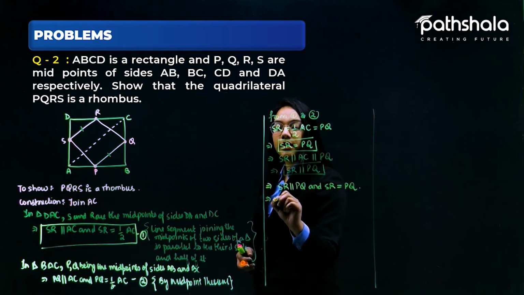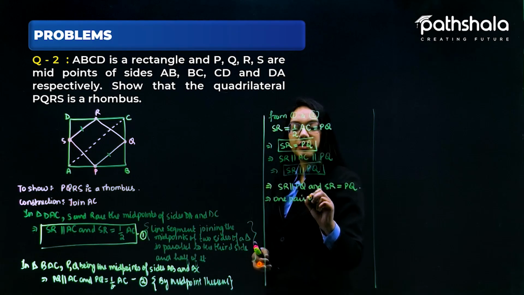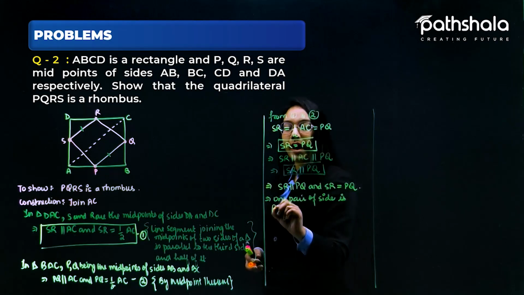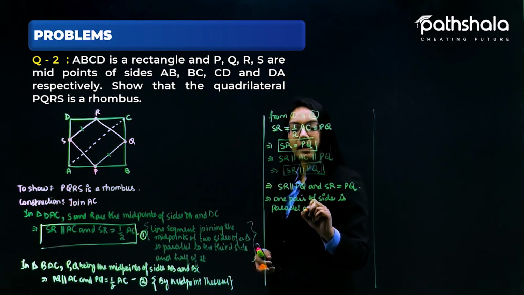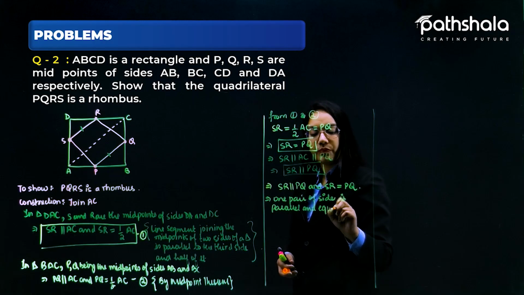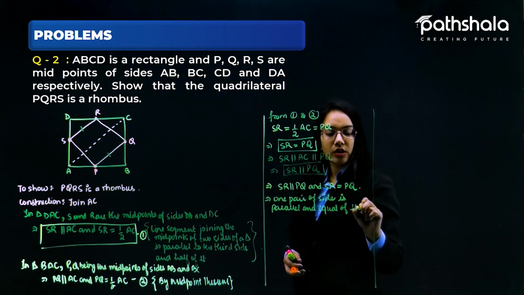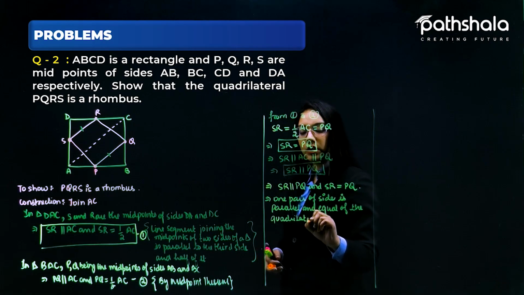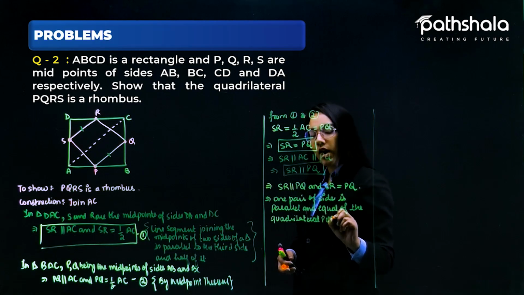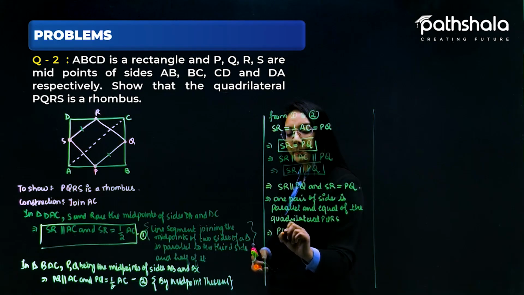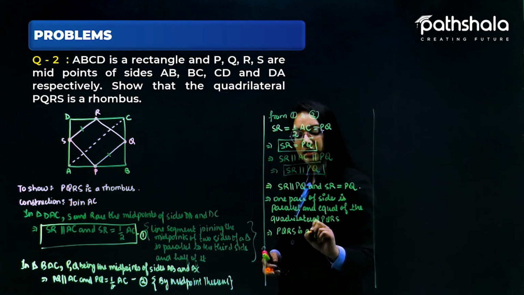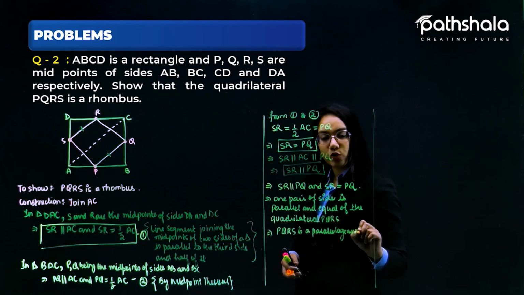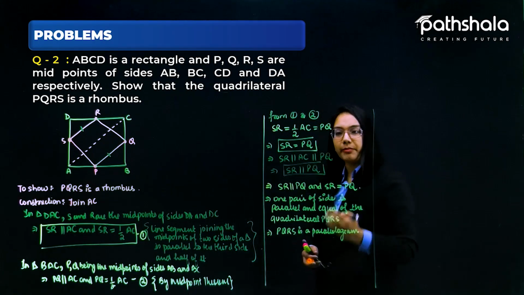Which implies that one pair of sides of the quadrilateral PQRS is parallel and equal. It implies PQRS is a parallelogram, because one pair of opposite sides is parallel and equal.